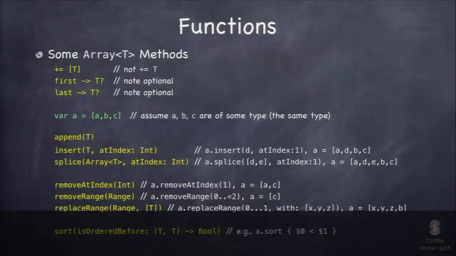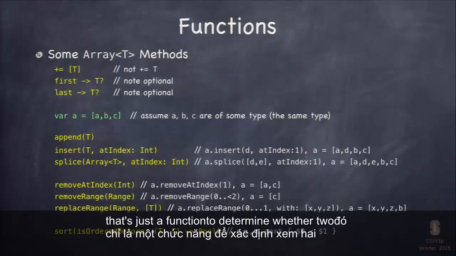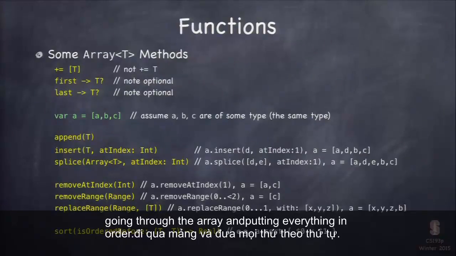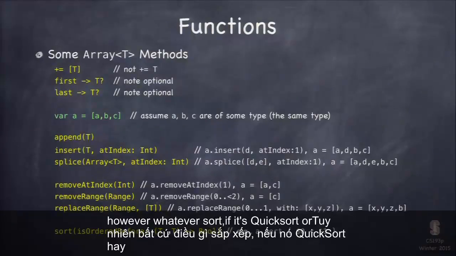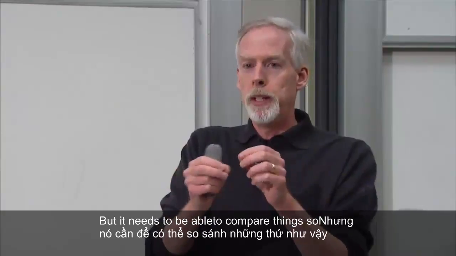There's also sorting. You can sort an array. This sorting method in array takes one argument, and that's just a function to determine whether two things are ordered before each other or not. So it's going through the array and putting everything in order. It picks out whatever sort it's using, quick sort, or I don't know what sort it's using in there, but it needs to be able to compare things.